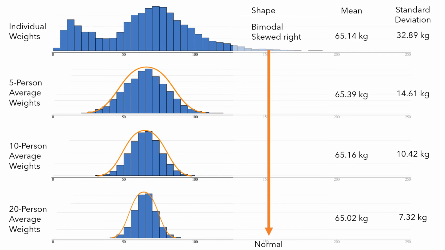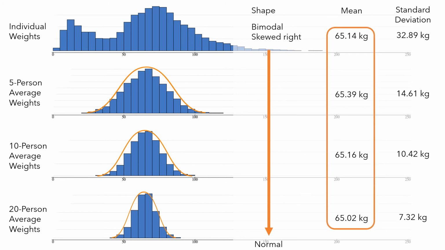The center of each sampling distribution will be the overall population average, and the standard deviation of each sampling distribution can be calculated by taking the population standard deviation, which we can approximate using the sample standard deviation, and dividing by the square root of the sample size, by the square root of 5, or 10, or 20.